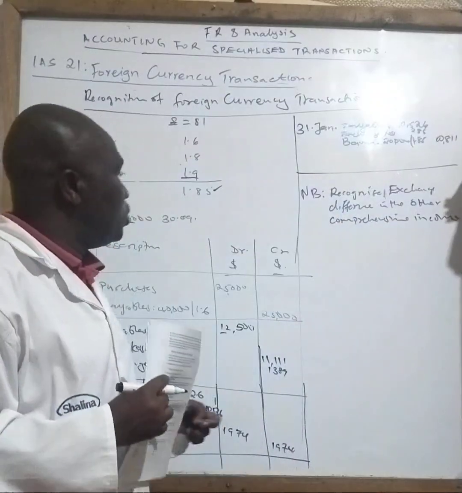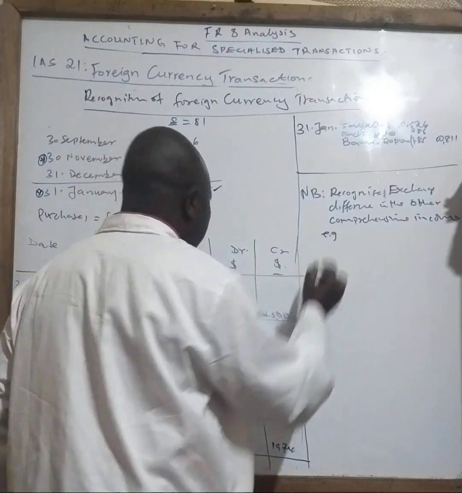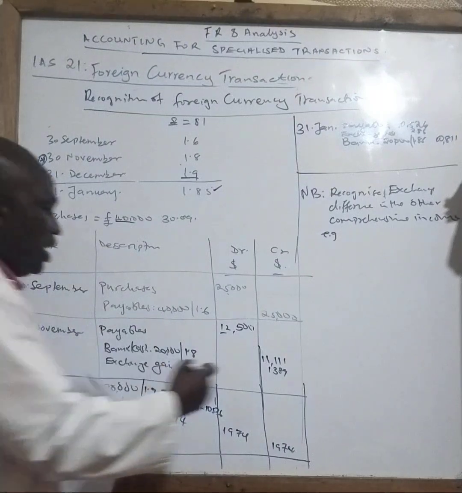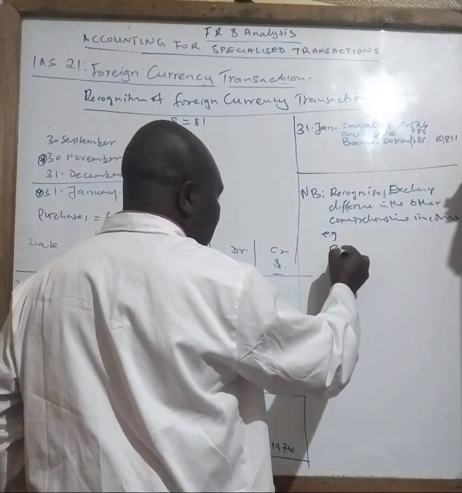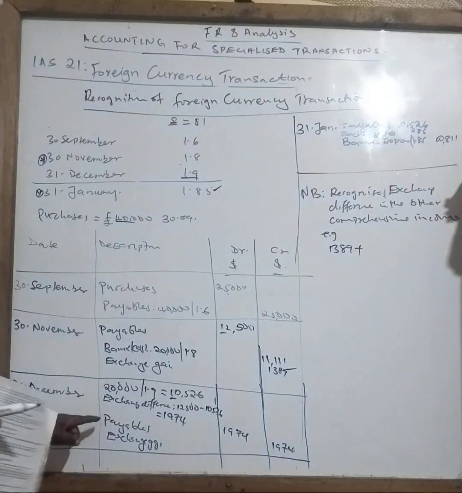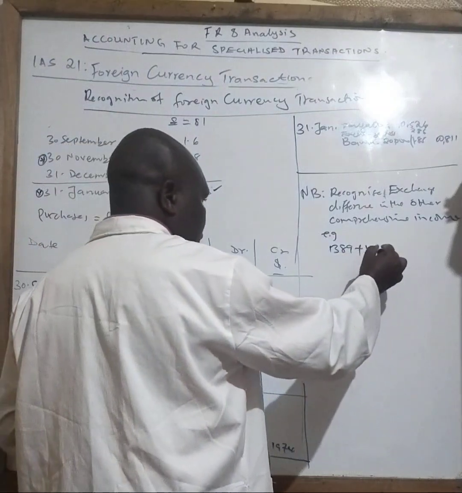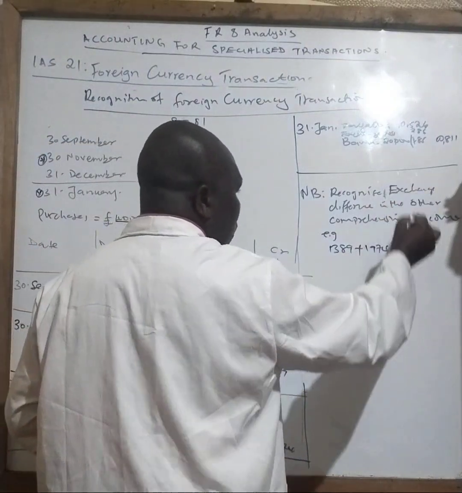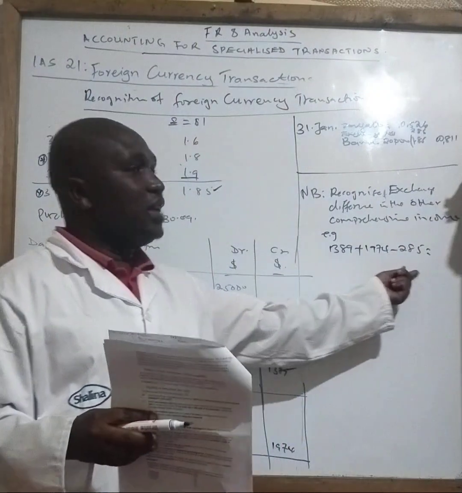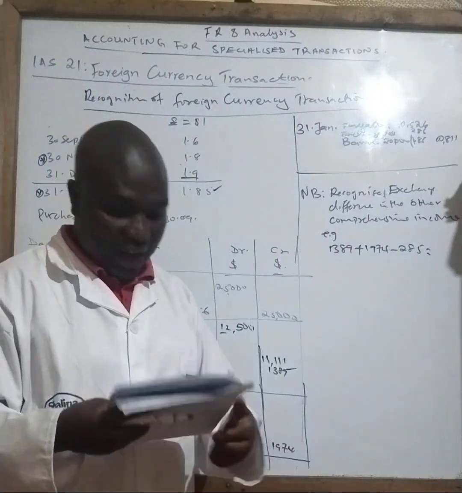So that exchange difference, in this case, e.g., there was a gain first, a gain here of 13,800, and another gain of 1,974, but there is a loss of 285. So the final answer you get here is what you now put under other comprehensive income.